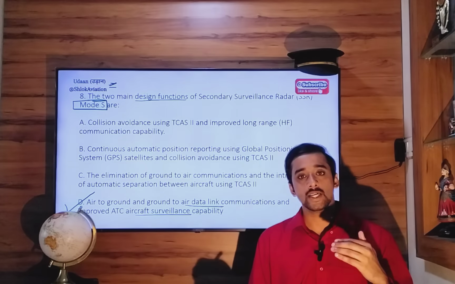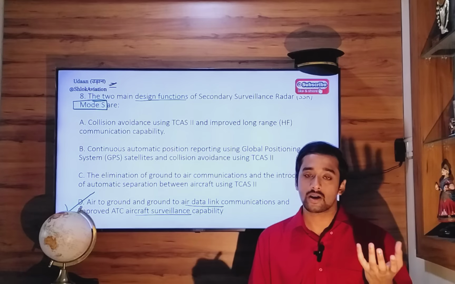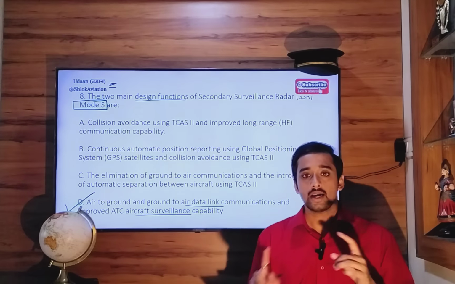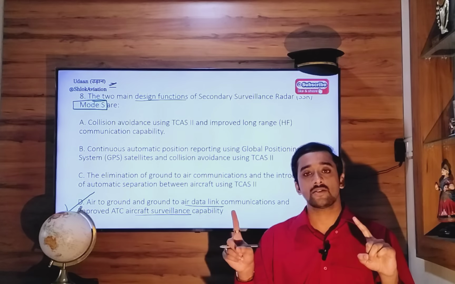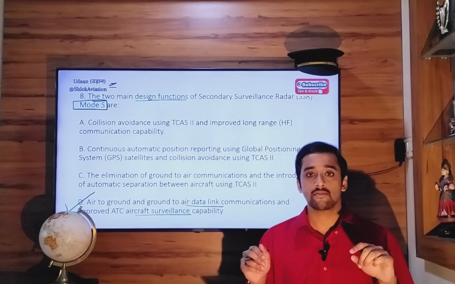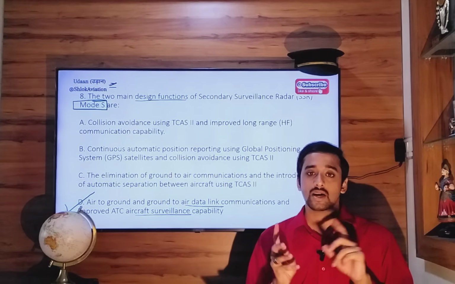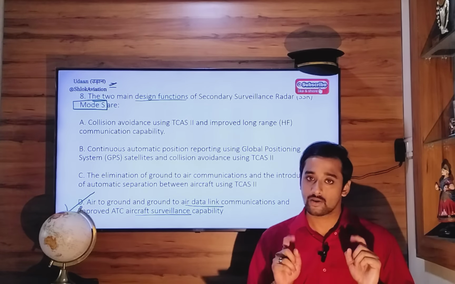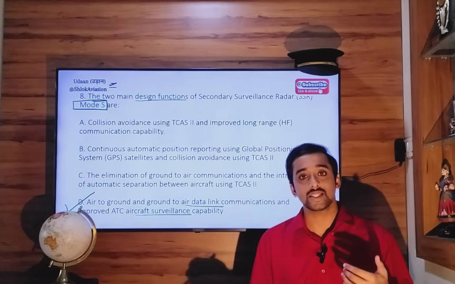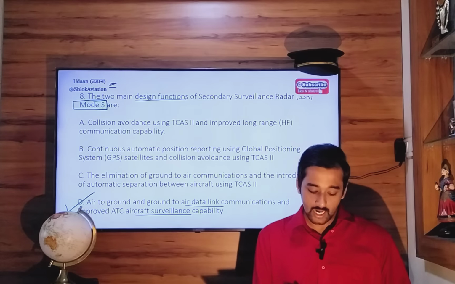Your aircraft will receive a climb resolution advisory, and another traffic which is in front of you or on a collision course will receive at the same time a descent command. These commands are coordinated and simultaneously given to both aircraft, and this happens because of mode S capability in your transponder. So that part is correct.